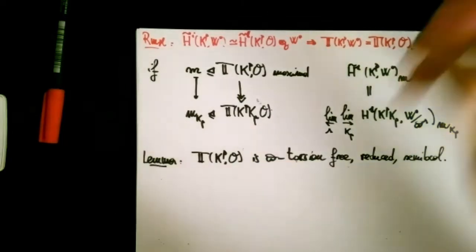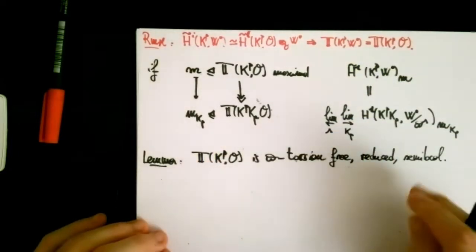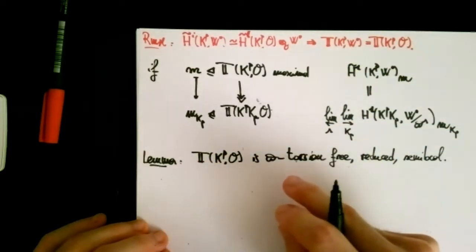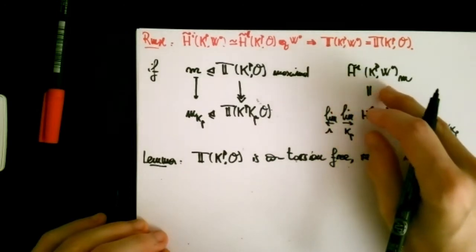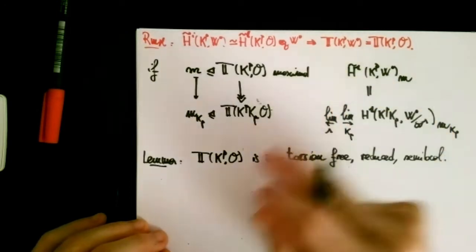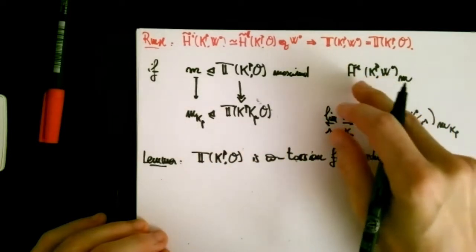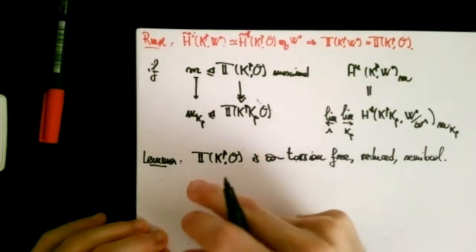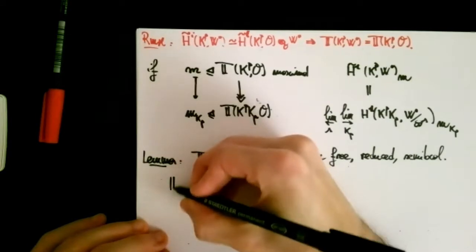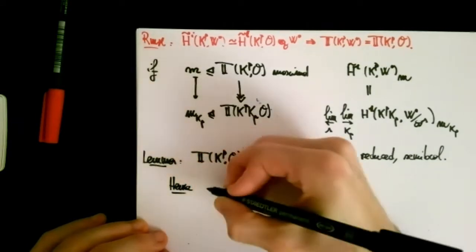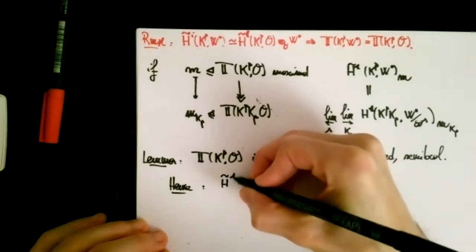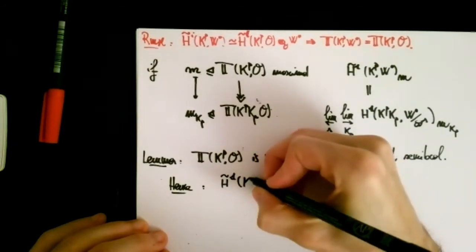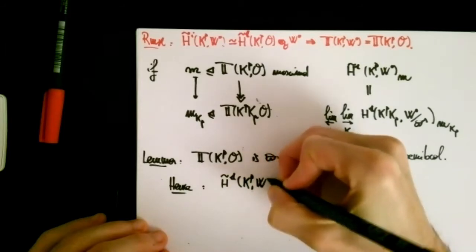So in particular, the H1 tilde has a finite support. The set of maximal ideals in the support of H1 is finite, and hence we can break up the H tilde 1 K^P W naught.